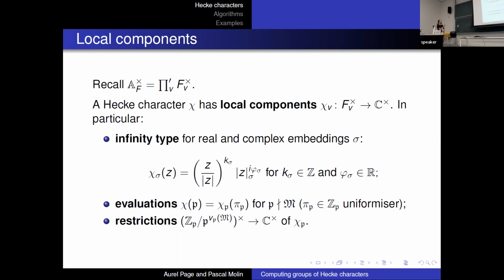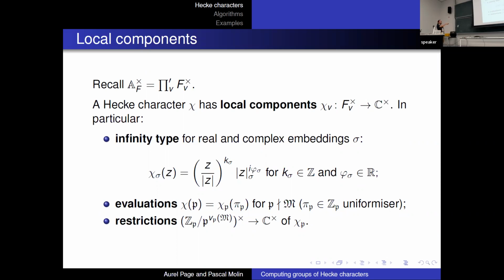Well, in particular, if you look at real and complex places, you will get a character of R star or C star, and these have a very simple shape. They're all of this form. The value at z is just some integer power of z over absolute value z, times absolute value of z to some imaginary power.